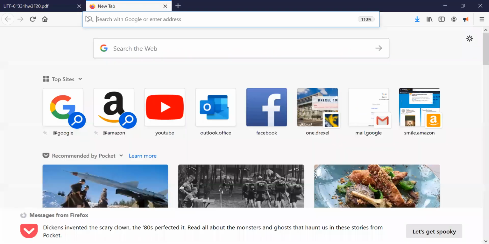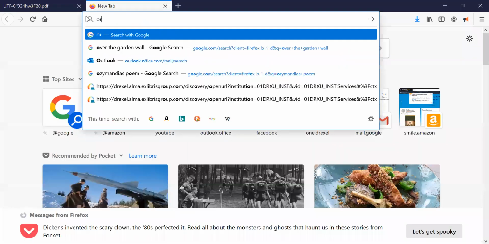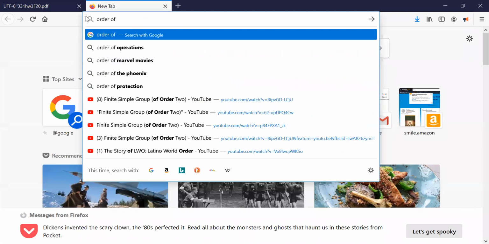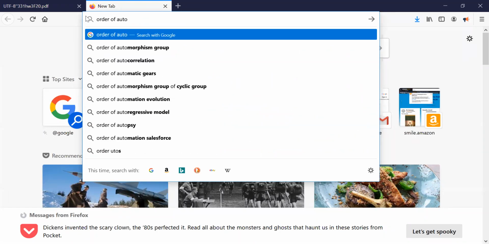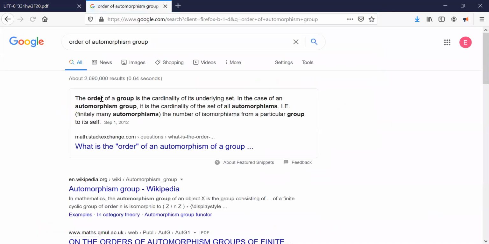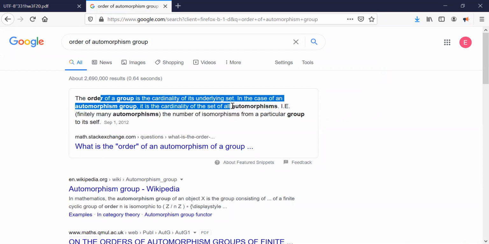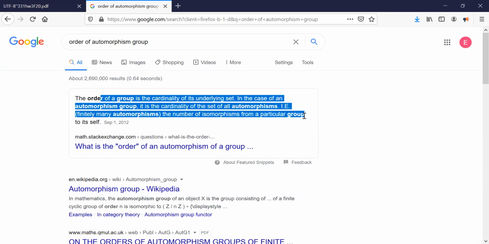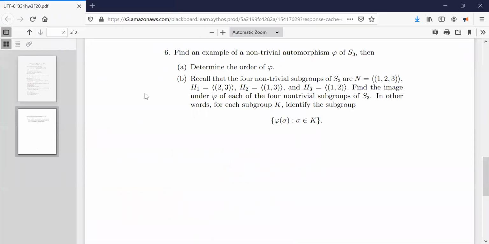I don't want to give you guys something wrong, so I'm just going to look up the order of an automorphism. The cardinality of the underlying set. In the case of an automorphism, the cardinality is the set of all automorphisms, i.e. a particular group. Okay, so it's the number of automorphisms of your group that you're doing.